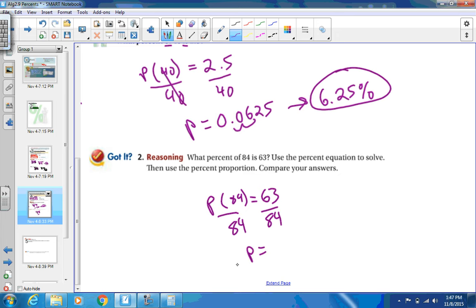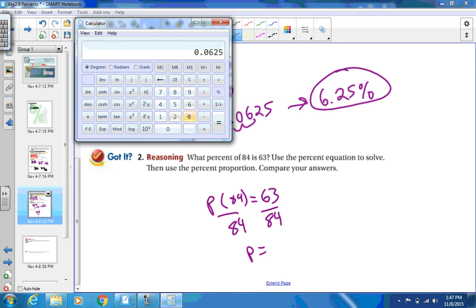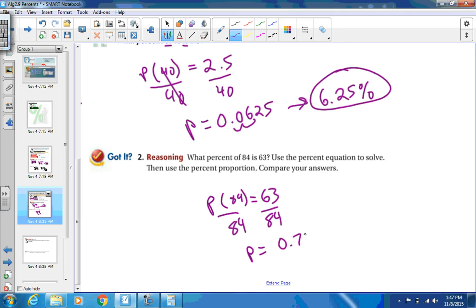You get P equal to whatever 63 divided by 84 is. Oops. 63 divided by 84 will be 0.75. And hopefully then you can recognize you move the decimal two spots to the right. 0.75 is the same thing as 75%, because 0.75 is 75 out of 100, which would be 75%.